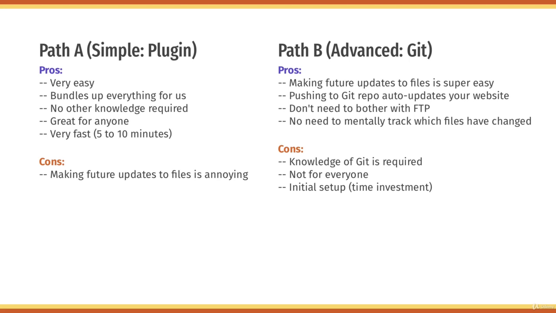So, if you have any experience with the Git version control system, in our very next lesson, we are going to review Path B for uploading and deploying a website. Path B is a bit more advanced and complicated. However, making future updates to code files in Path B is super easy and luxurious. Maybe that sounds like something you're interested in, maybe it doesn't. Either way, let's keep things rolling, and I will see you in the next lesson.